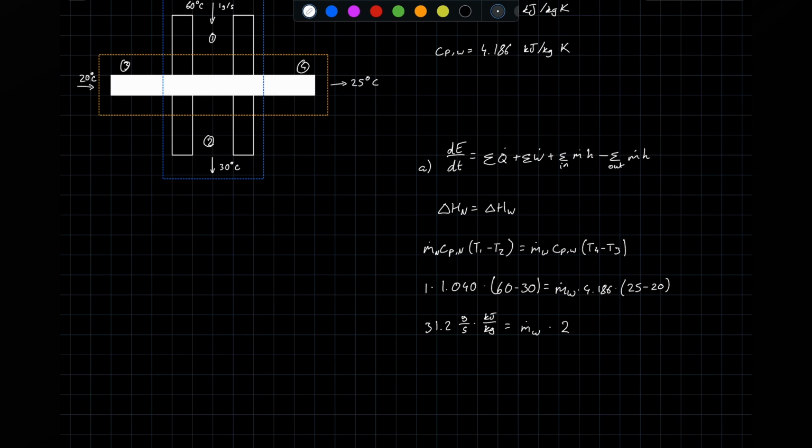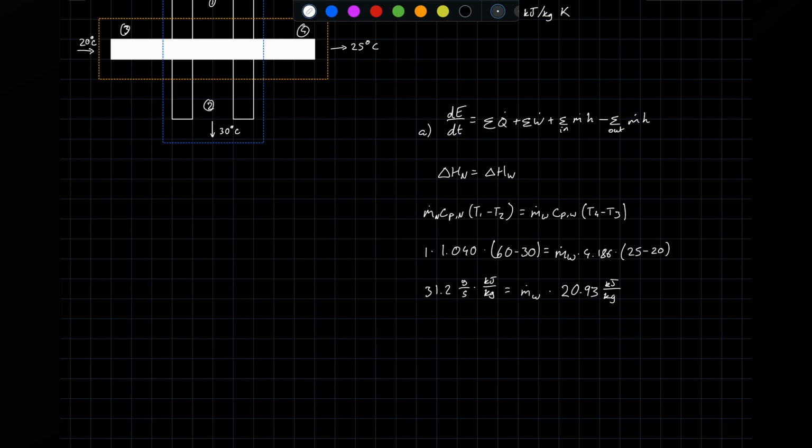And we get this times 20.93 kilojoules per kilogram. And the reason I didn't convert to kilograms over here is because if you notice, to get MW, we need to divide both sides by this, and that means as this has the same units as this, they will cancel out, which will just leave you with grams per second, which is a perfectly usable unit for the mass flow, and it has the advantage that we don't need to do any conversions.